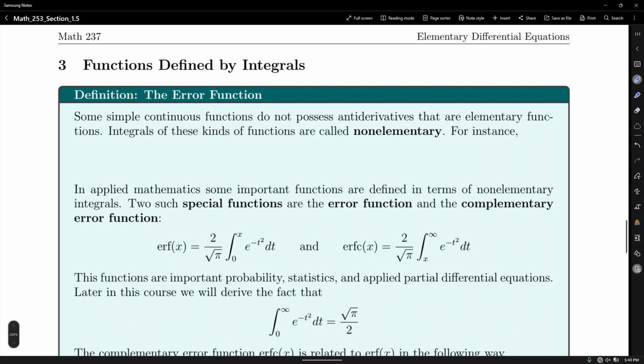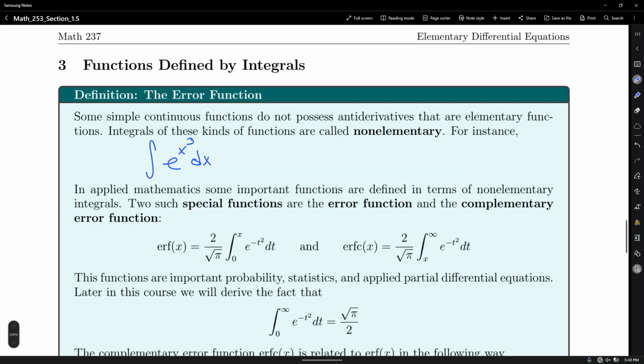For instance, some integrals we can't evaluate, right? When that happens, these functions are non-elementary. For instance, the integral of e to the x cubed dx.